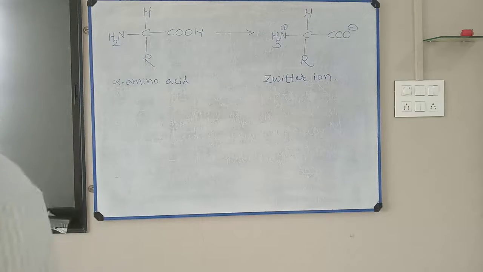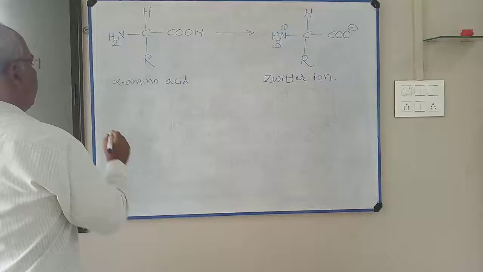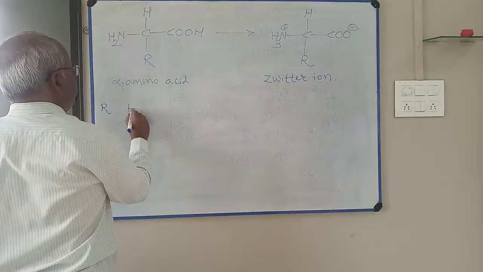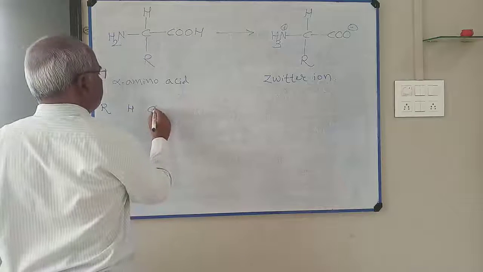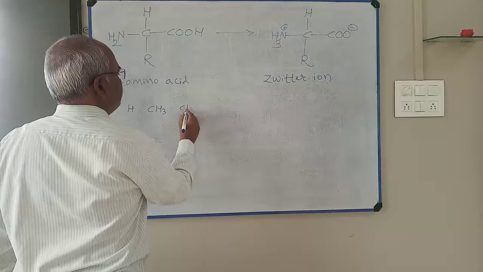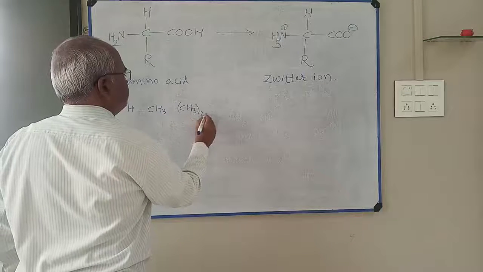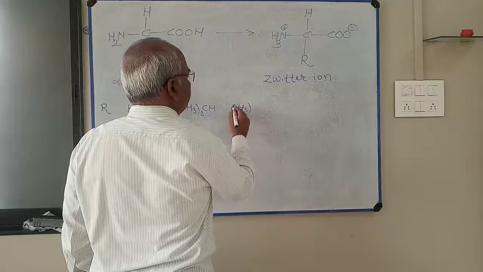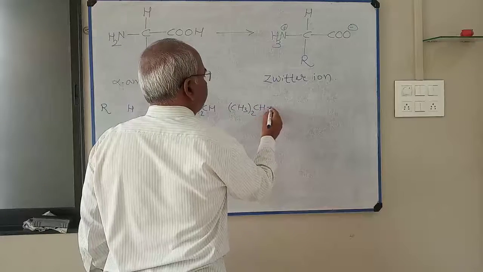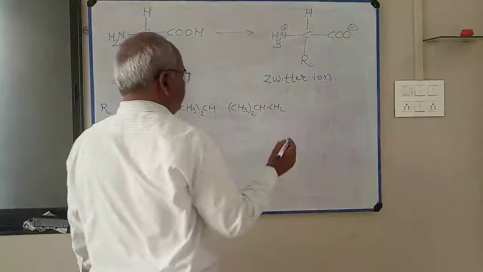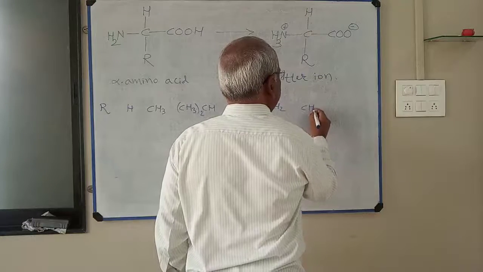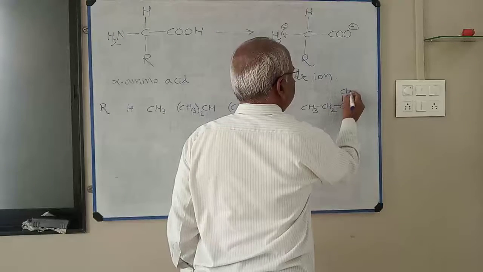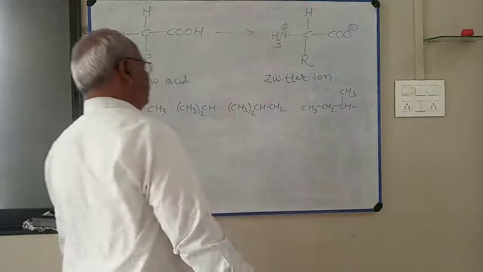Next point I am going to represent. Look here, R is equal to R. This R may be hydrogen, may be methyl group, may be isopropyl group, may be isobutyl group, CH3-CH2. Here CH3, CH2, CH, CH3, this group.